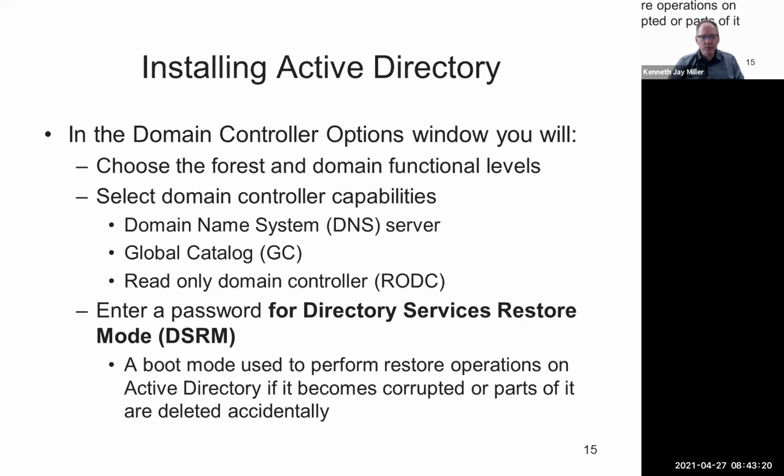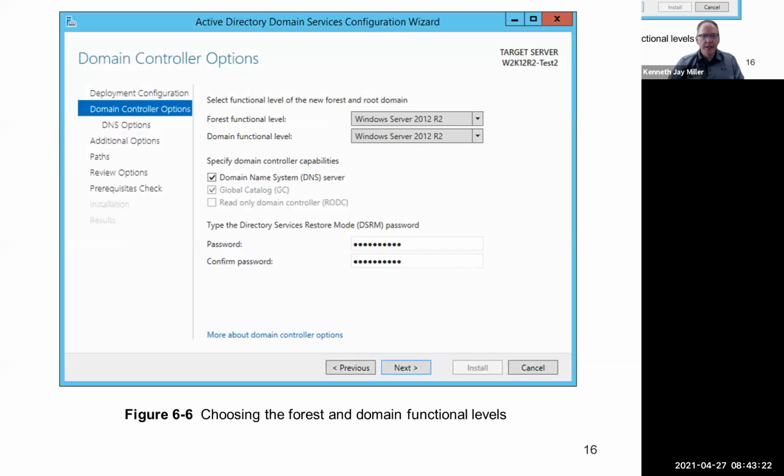For us, we're always going to select the highest level. This slide shows Windows 2012 R2. Ours will have 2016, so it'll go up to the last version before the version we're on. Okay. And then, of course, domain name is already set up, as is global catalog. And then we put in the password.